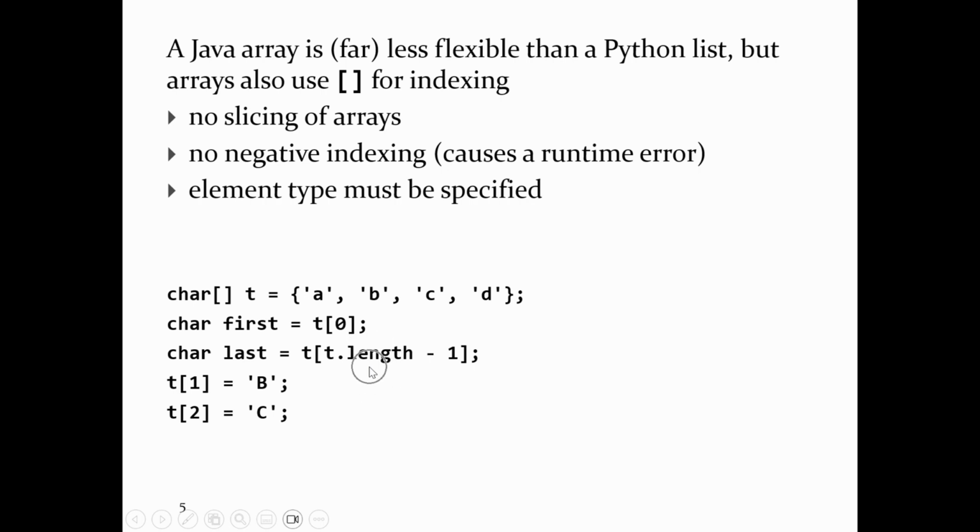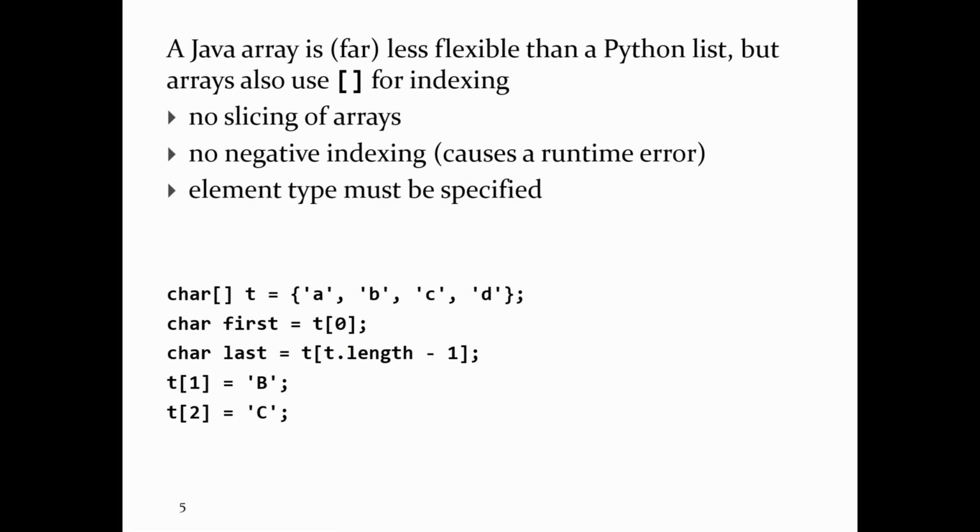So there is no length function, or len, L-E-N function in Java. To get the length of an array, you have to write the array name, so that's T, then a dot, and then the word length.